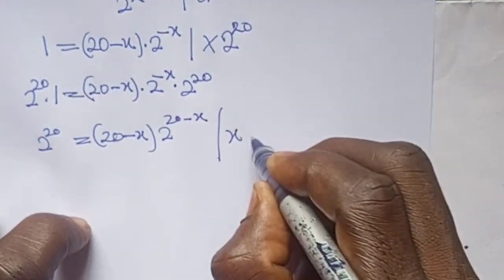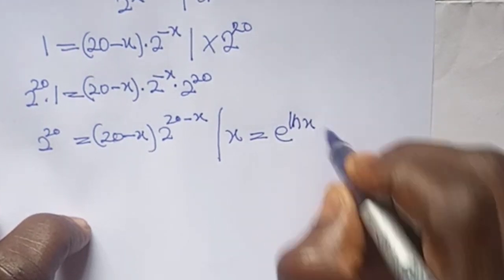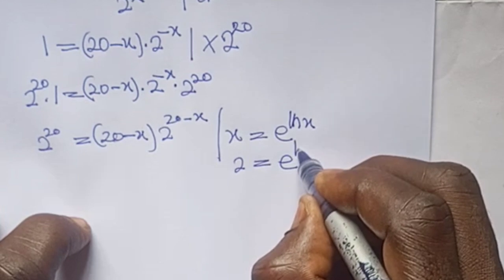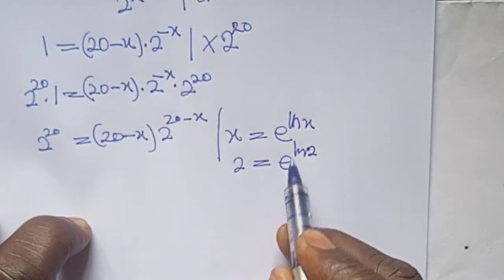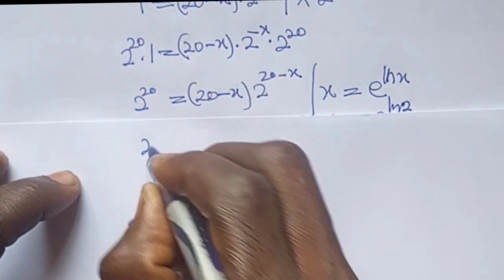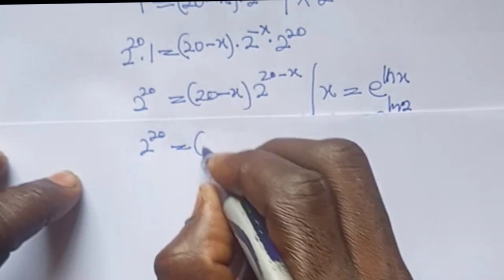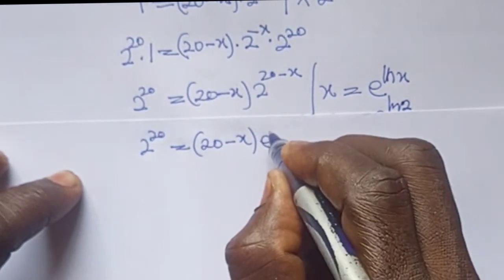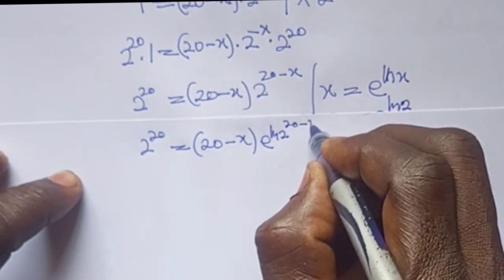Recall that x can be written as e to the power of ln x. So 2 can also be written as e to the power of ln 2. In the place of 2, we're going to write exponential ln 2. And the next line becomes 2 to the power of 20 equals 20 minus x times exponential ln 2 to the power of 20 minus x.